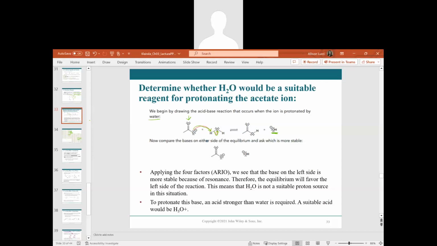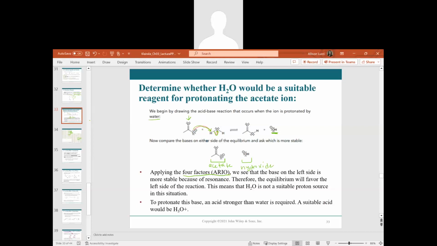Let's compare the bases on either side and see which is more stable. We have our acetate, and then we have our hydroxide here. We're going to utilize our skills from a previous section and use those four factors, the atom, resonance structures, induction, or orbital, with the ARIO acronym, to determine which base is more stable.